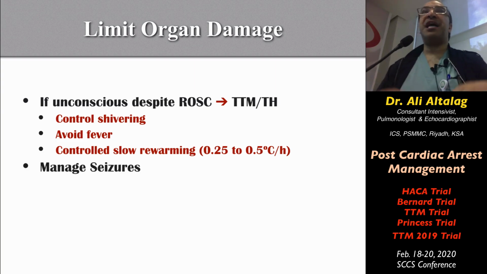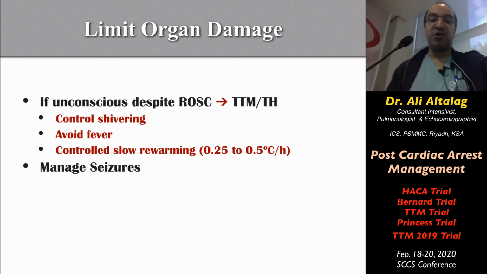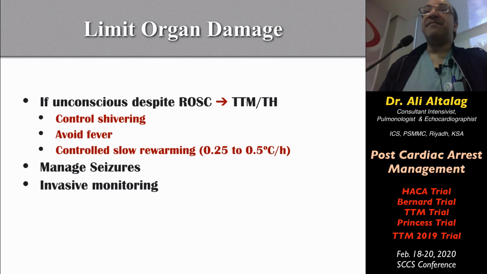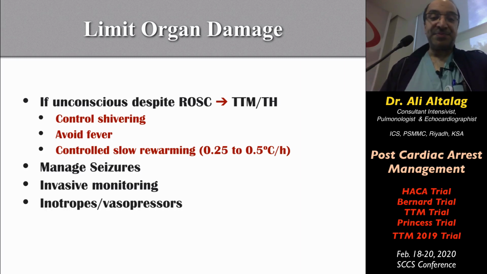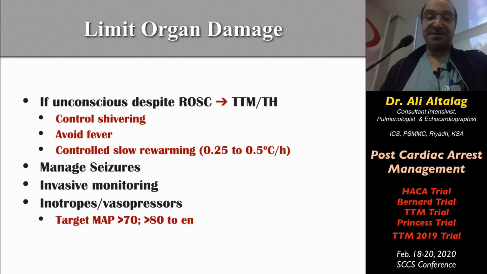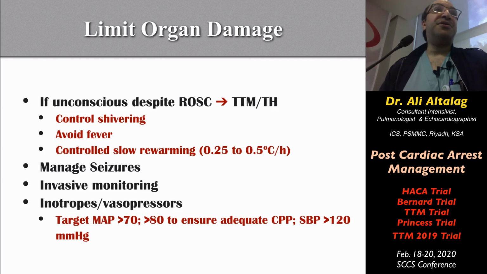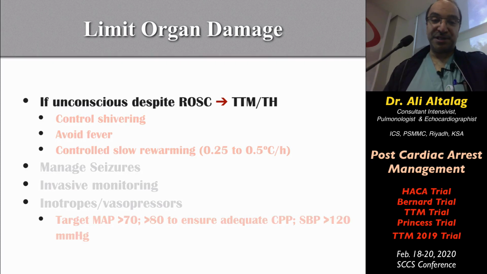Many of our patients after arrest develop myoclonus, seizures, whatever. Control that. Invasive monitoring is sometimes needed. Inotropes and vasopressors to maintain a blood pressure good enough to allow good perfusion of the brain is important.